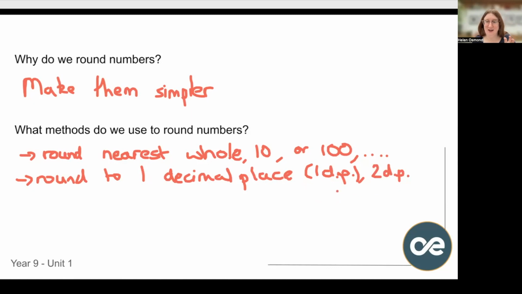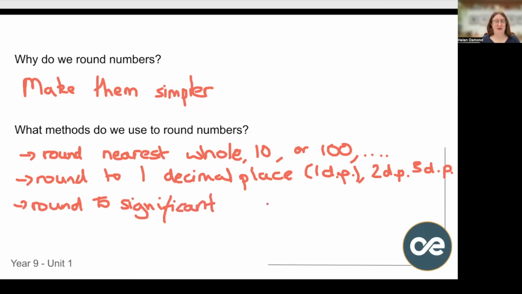That's particularly key when we're dealing with questions involving money, because when you're dealing with pounds and pennies, the penny parts of the pounds are 2 decimal places, or sometimes 3 decimal places. We don't usually see much beyond that, but you might be asked for it, and the principle is still the same. You might also be asked to round to significant figures. Now, we're going to talk about what significant figures are later in this video, but you might be asked to round to 1 significant figure, SF, that's what that stands for.